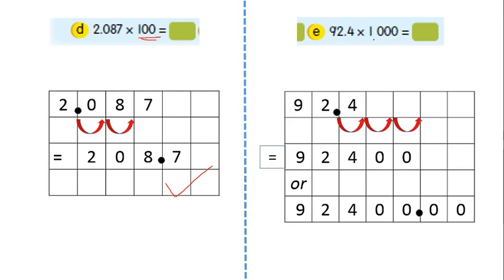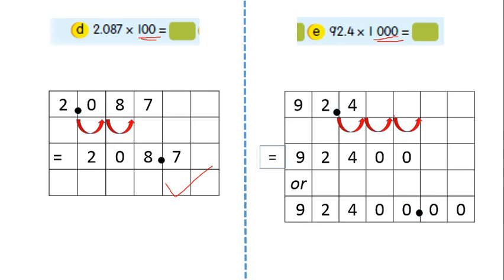Okay, so 3 zeros. So we have to move the decimal point 3 times to the right. Okay, remember when you are going to multiply, the decimal point moves to the right because the number becomes bigger. Nombor dia jadi lebih besar. Jadi akan bergerak ke kanan. So when you shift the decimal 3 places, you will have the decimal point at this part, pada bahagian ini.